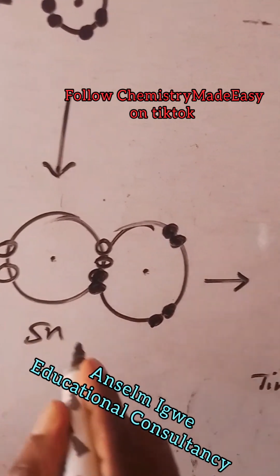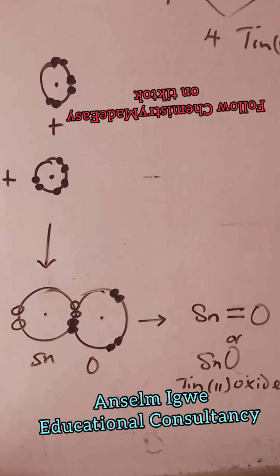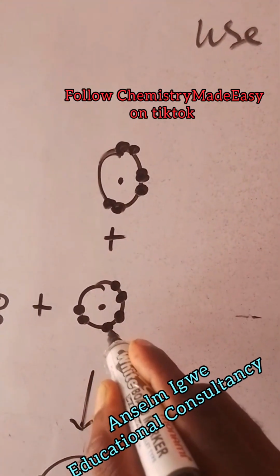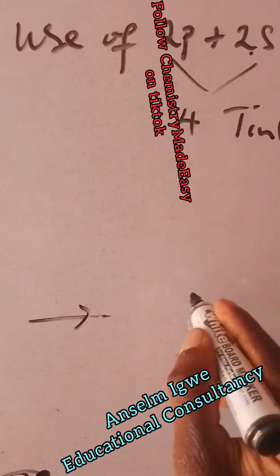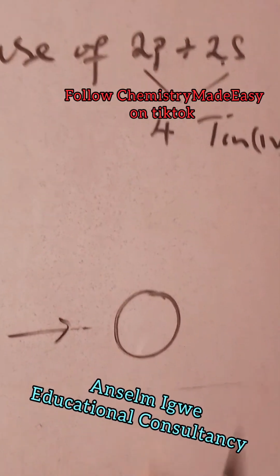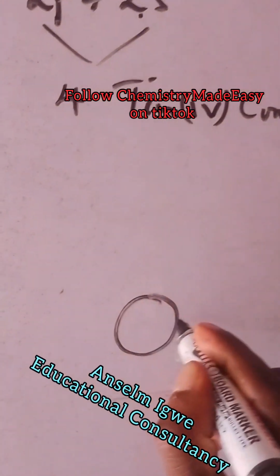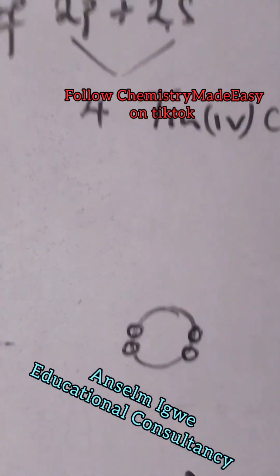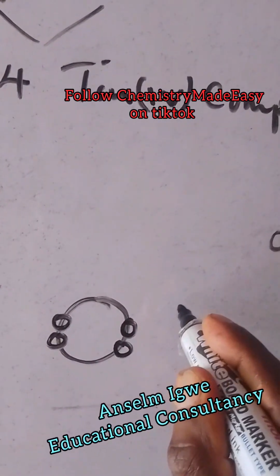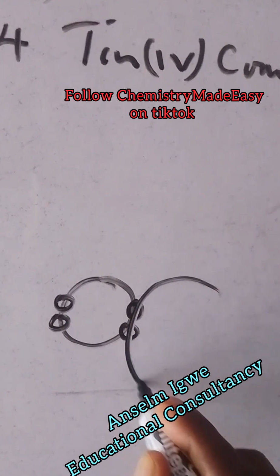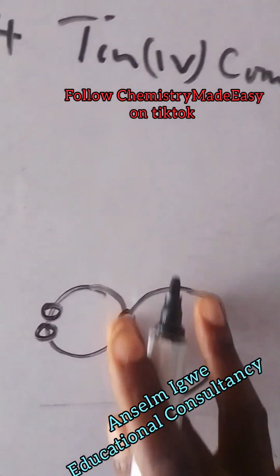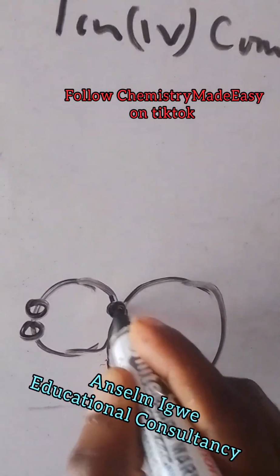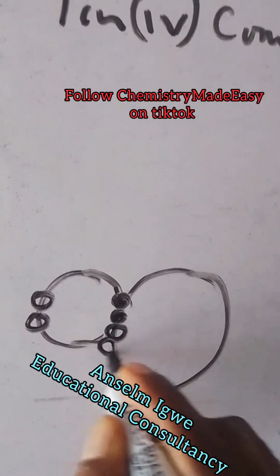This is the tin, this is the oxygen. Now, if tin decides to bond with the 2 oxygen atoms, we are going to have something like this. This is the tin with the 2 electrons here, 2 here, making it 4. So what happens is that one particular oxygen is going to overlap here, and we have something like this.